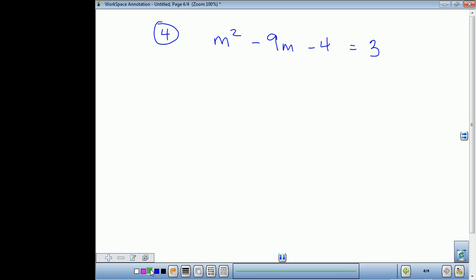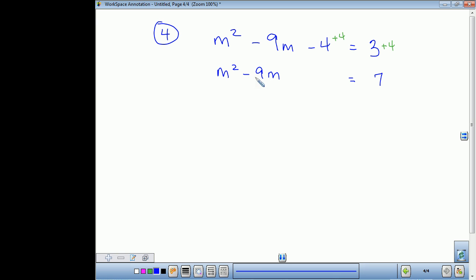And the way I do that, step 1 is always move the constant to the other side.